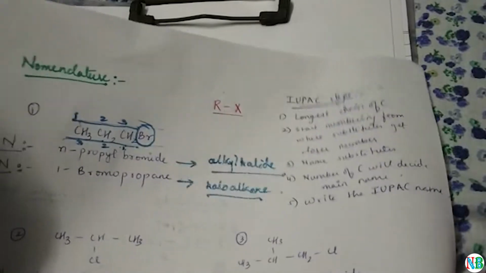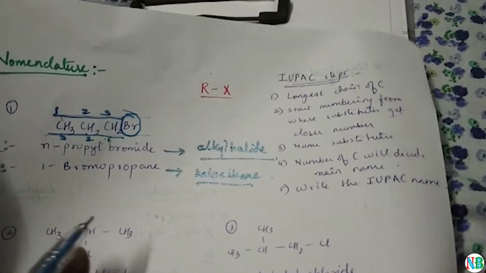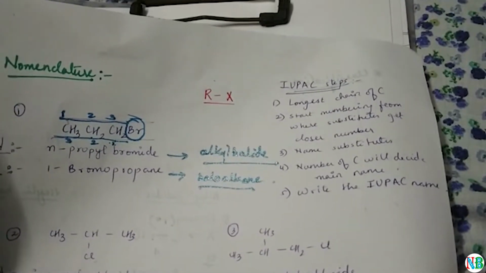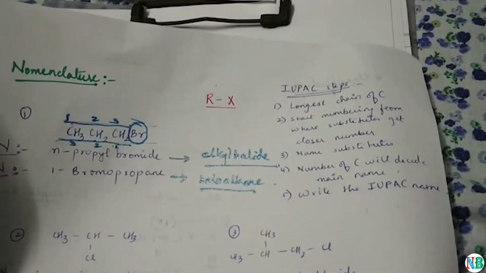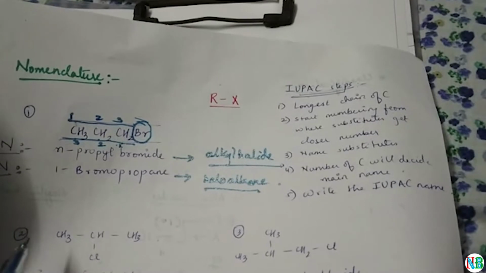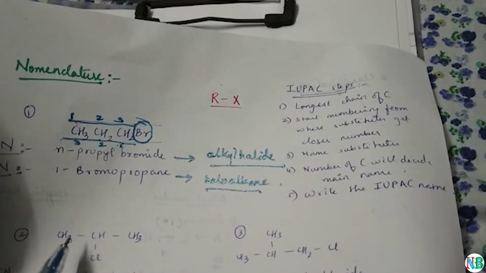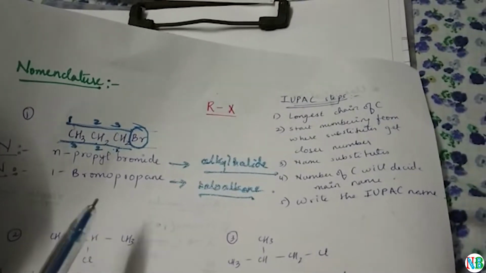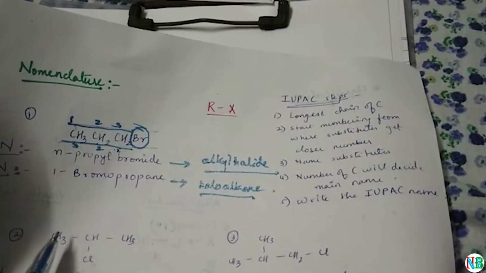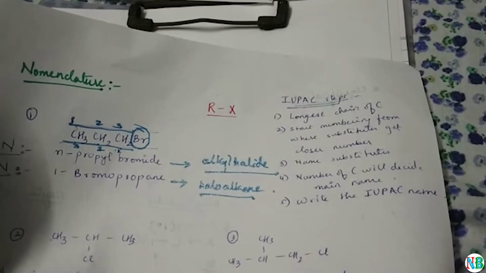If you could see the second example over here, it is CH3, CH, CH3, Cl. So what will be the common name for this one? The common name for this one will simply be isopropyl chloride. The reason being isopropyl is always given whenever we have CH3, CH and CH3.